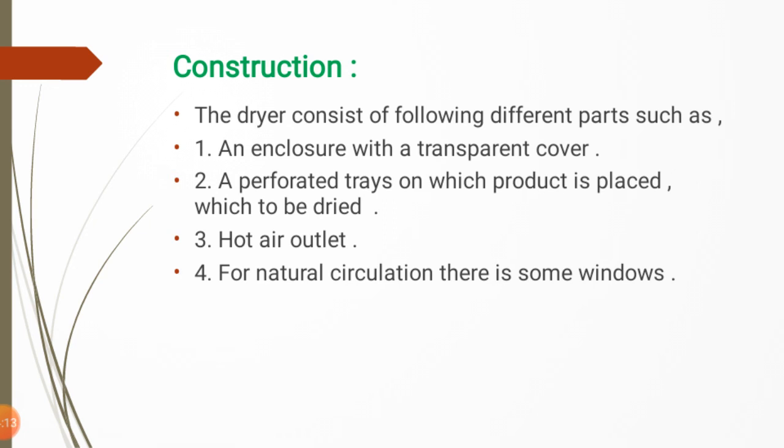That means in the ventilation or natural circulation process, there are different windows which help the hot air to enter the chamber, and after that there is an exhaust or outlet through which the hot air escapes from the chamber. These are all the different parts of the solar dryer which help to dry food, vegetables or agricultural products. Now, how does it work?